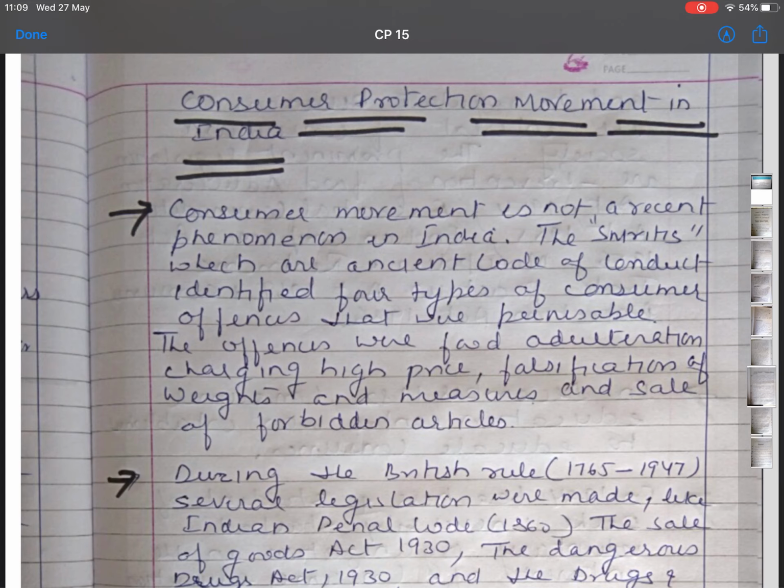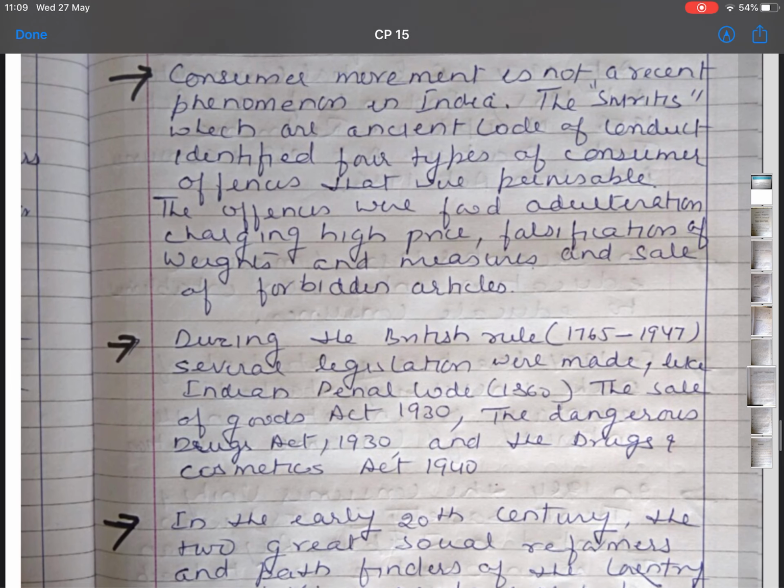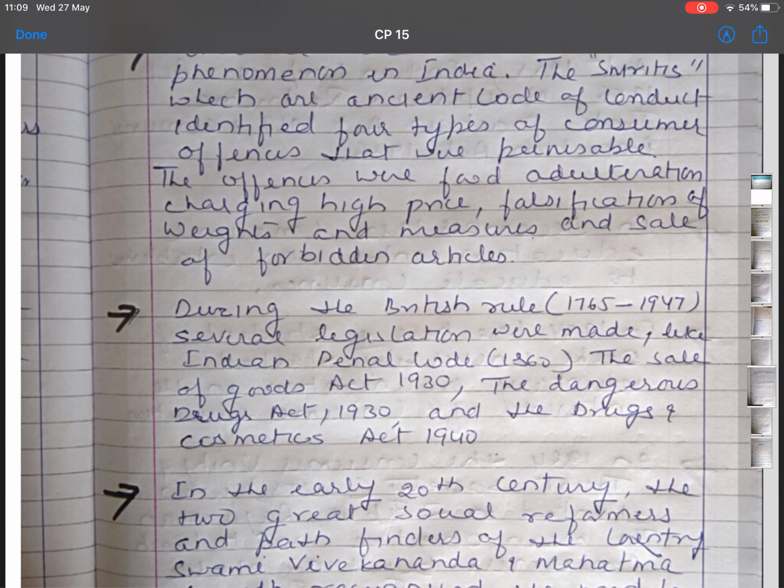But in the modern era, during the British rule, that is between 1765 and 1947, several legislations were made by the British, like the Indian Penal Code 1860, the Sale of Goods Act 1930, the Dangerous Drugs Act 1930, and the Drugs and Cosmetics Act 1940.